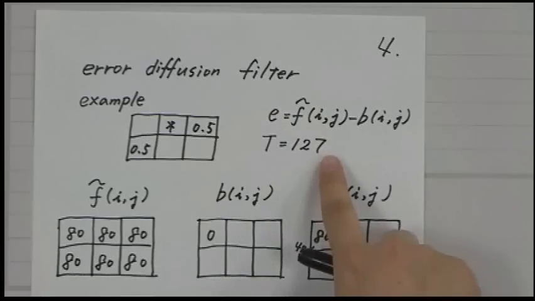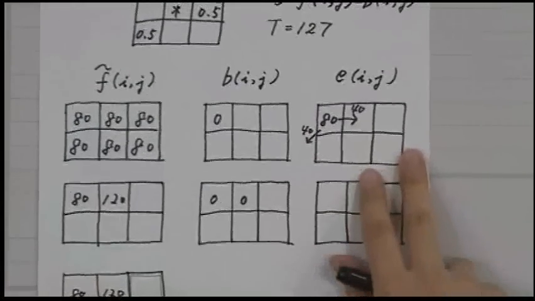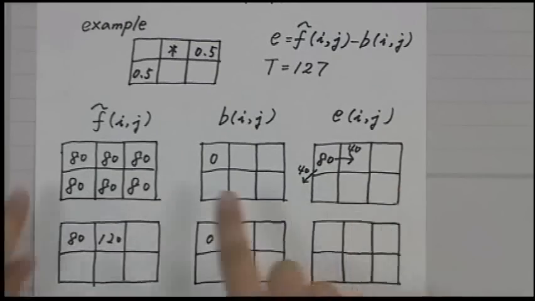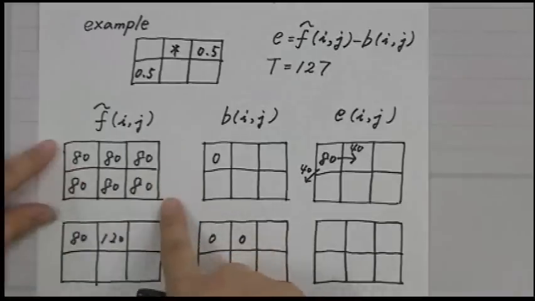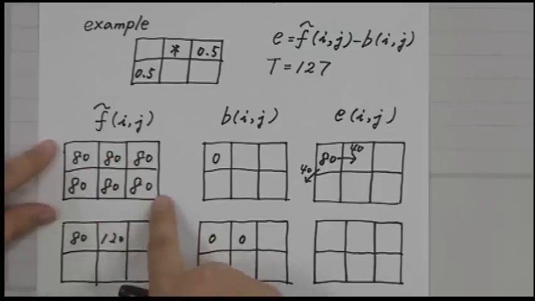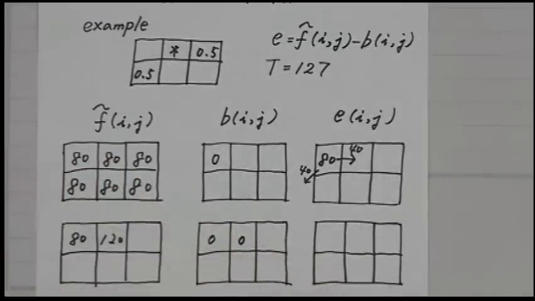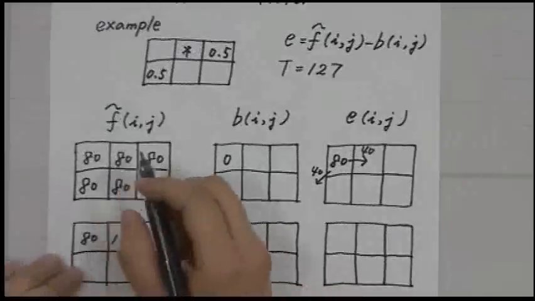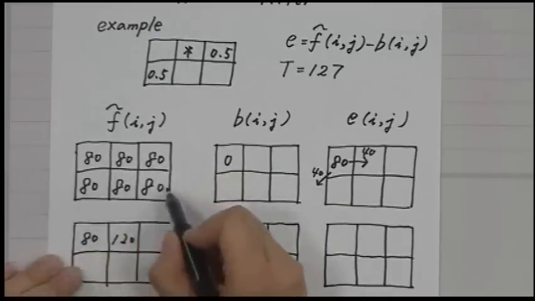And then I use this threshold again. Let's start from here. We assume this is the original image. The pixel values are all 80. I process this image in raster order, so we start from this pixel and then process this way.